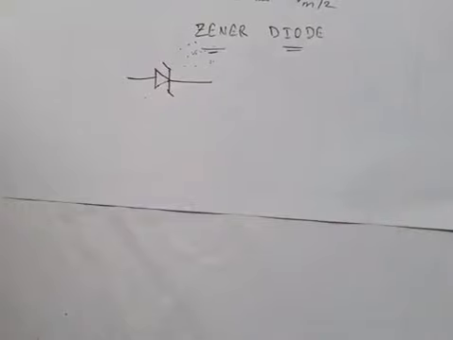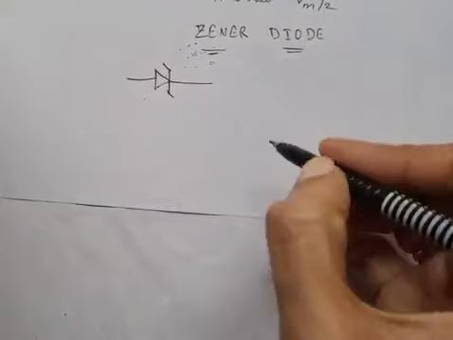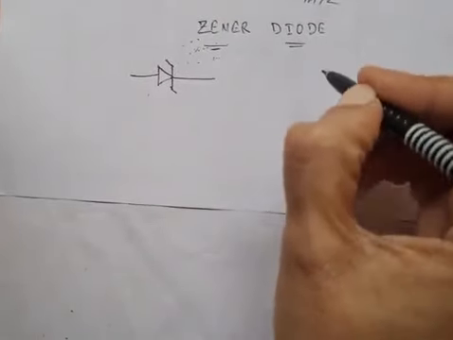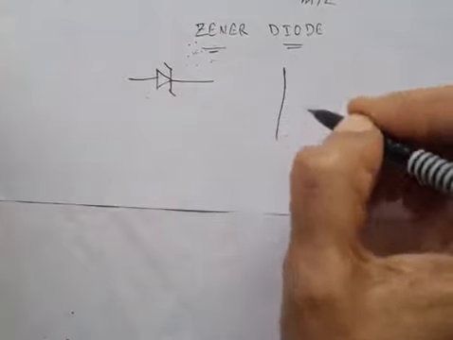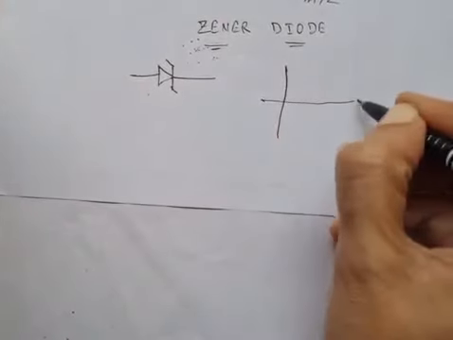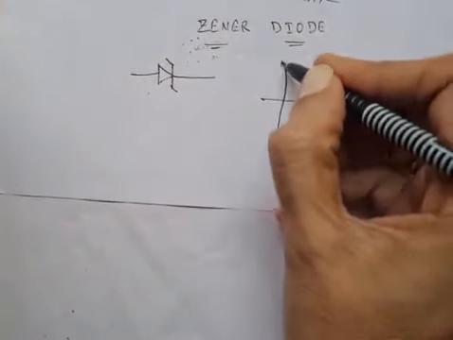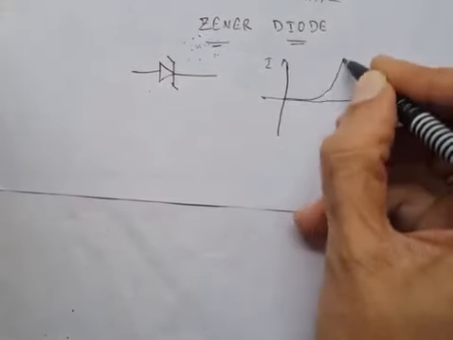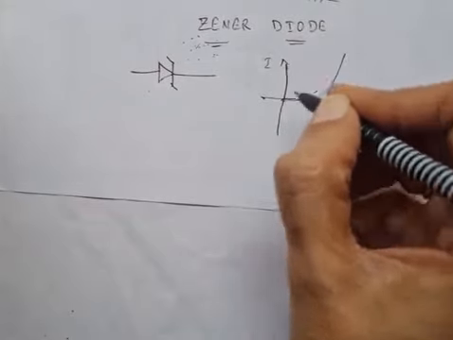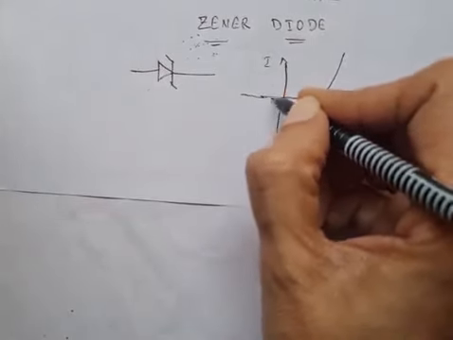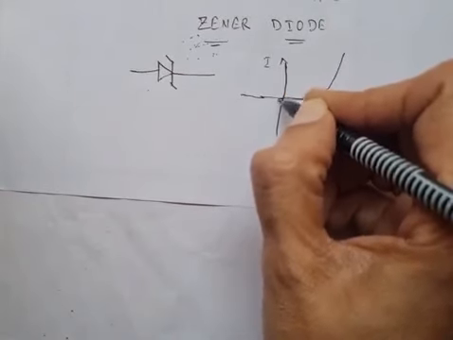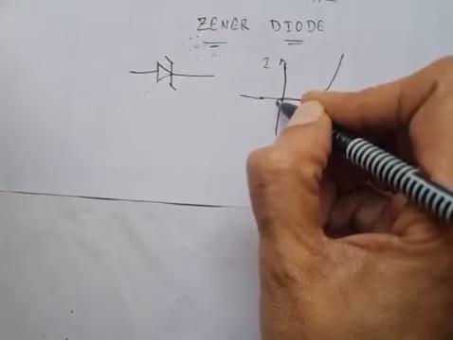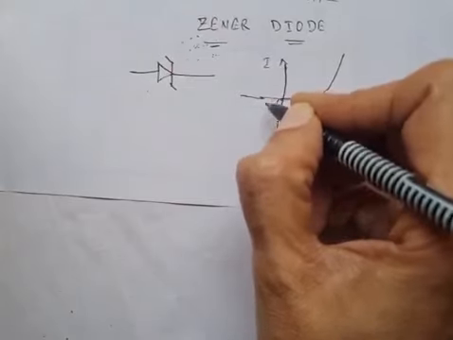The operation is the same in the Zener diode, with doping of electrons and holes, but here the characteristics vary a little bit. This is the I and this is the V. In forward bias the Zener diode is the same as a PN junction diode, but in a PN junction diode reverse conduction does not occur theoretically, and in the practical case it may occur but only as a small constant current.